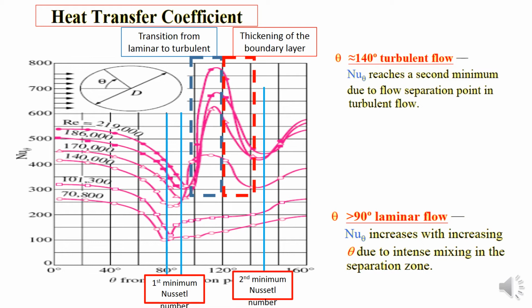And then we have the red rectangle, where the Nusselt number decreases significantly to a second minimum. This happens due to the thickening of the boundary layer. And then at around 140 degrees for turbulent flow, the Nusselt number reaches a second minimum. This happens due to the flow separation point in the turbulent flow.